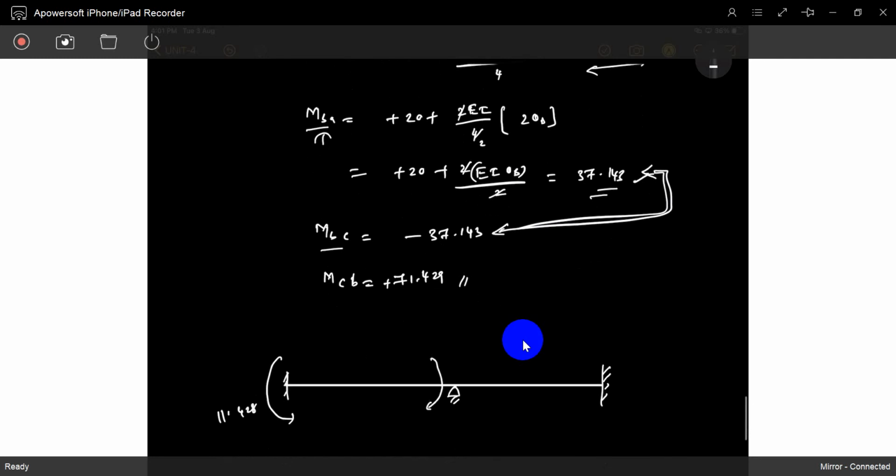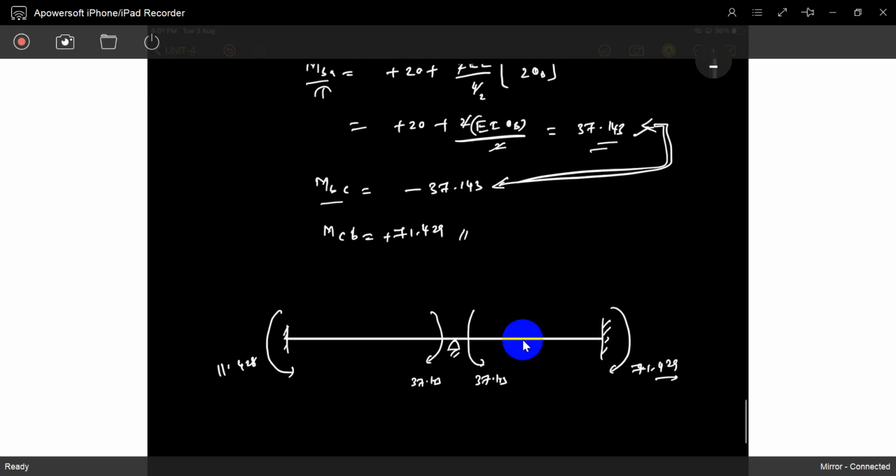MBC is negative 37.143. This is positive, which is 71.429. That's it. Now we observe that both get the same value.